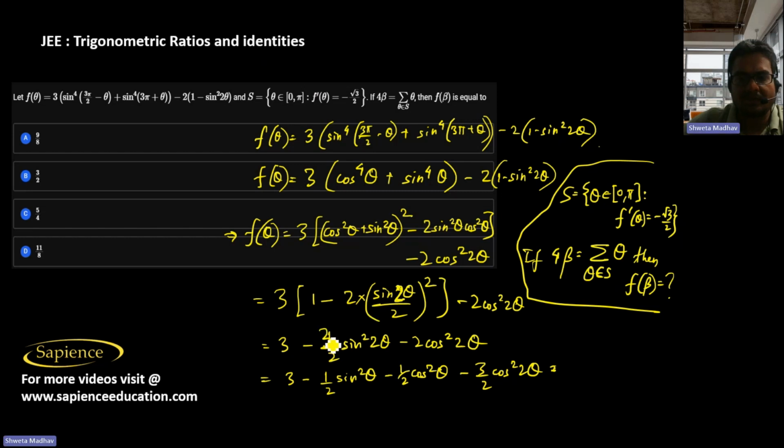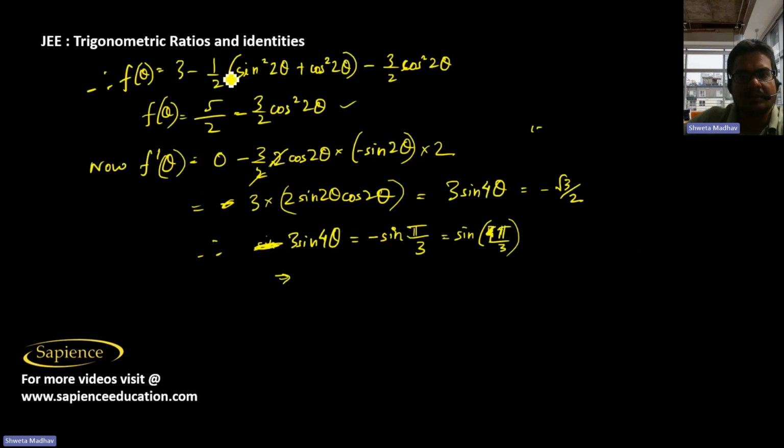Here also 3 should be there. Since this is 1 by 2, so 3 into 3 by 2, so 3 by 2, and here I can write minus half. This is wrong actually, this will be minus 3 by 2, and this is 1. So f of theta is 3 by 2 minus half of cos square 2 theta. So this is wrong. This will be 1 here. This should be 1.